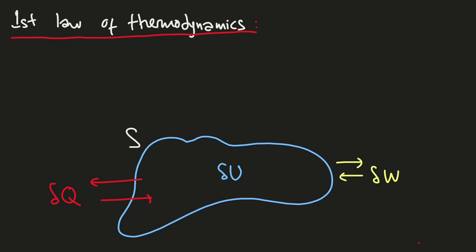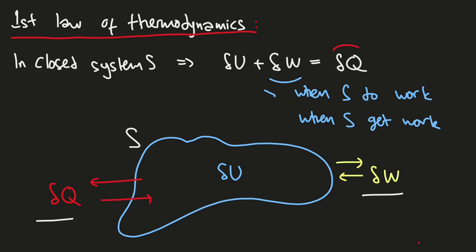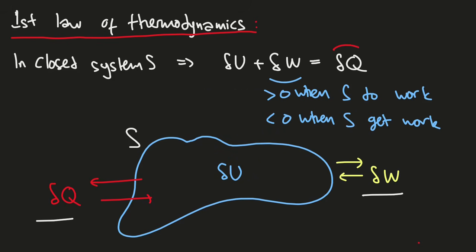For a closed system, delta U plus delta W equals delta Q, where delta W is greater than 0 when S does work and less than 0 when S gets work from outside. And delta Q is greater than 0 when S gets heat and less than 0 when S loses heat.